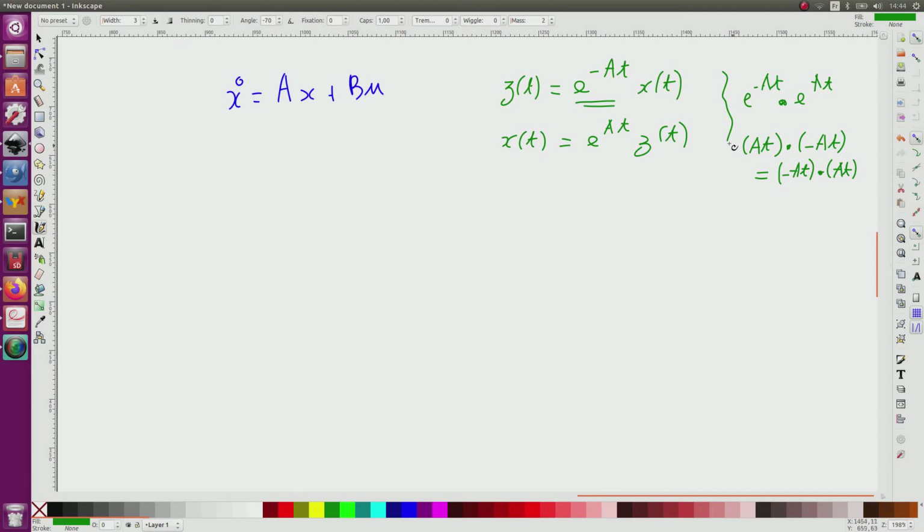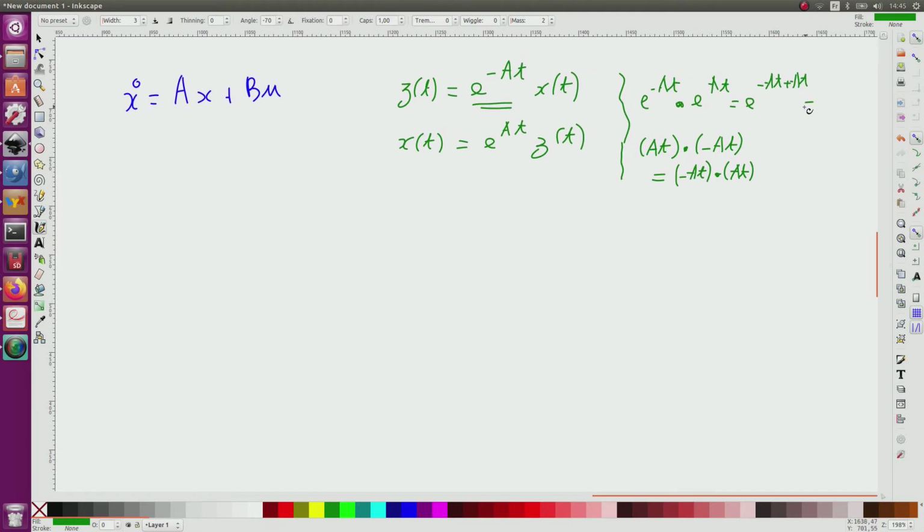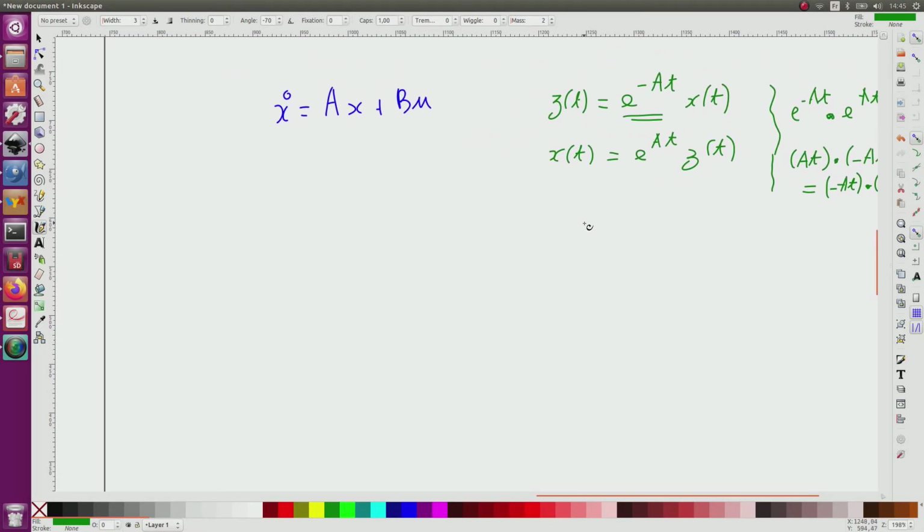So I can commute them. In this case, I know that this is equal to the exponential of minus At plus At, which is equal to exponential of 0, which is equal to the identity. Okay, so I have this first.